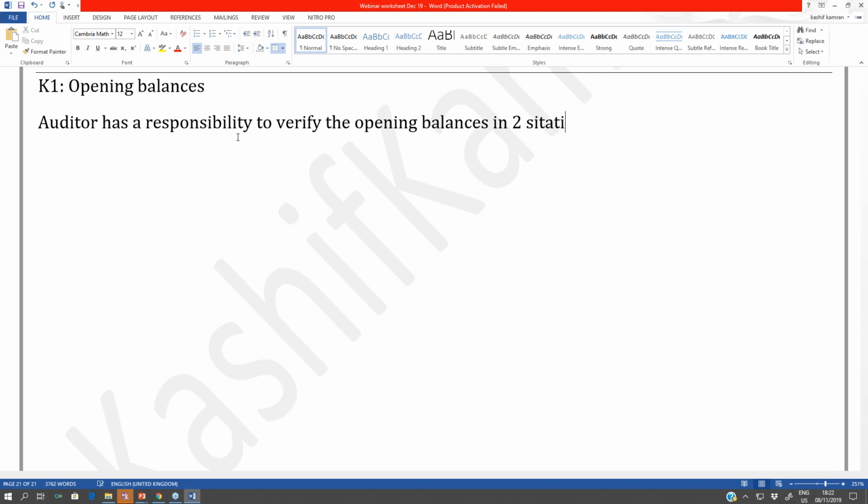The first situation where the auditor has a responsibility to verify the opening balances is number one, when the prior year financial statement was audited by another auditor.